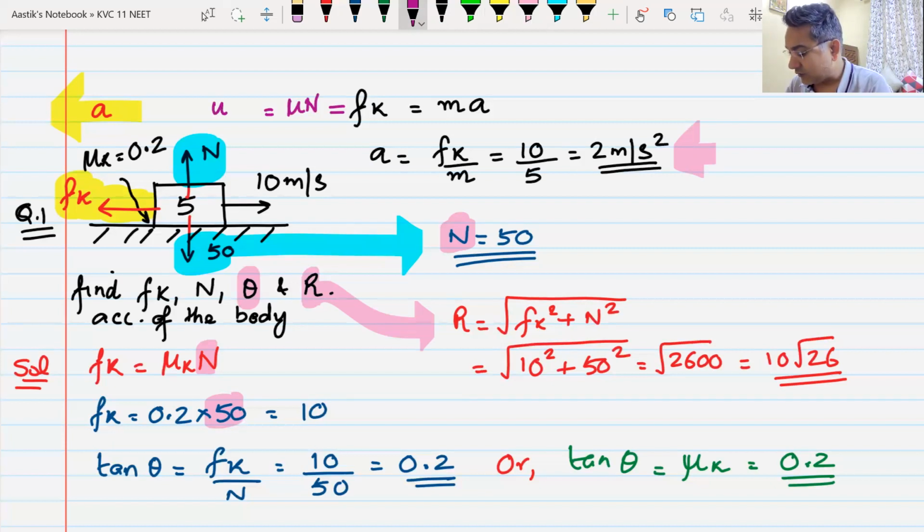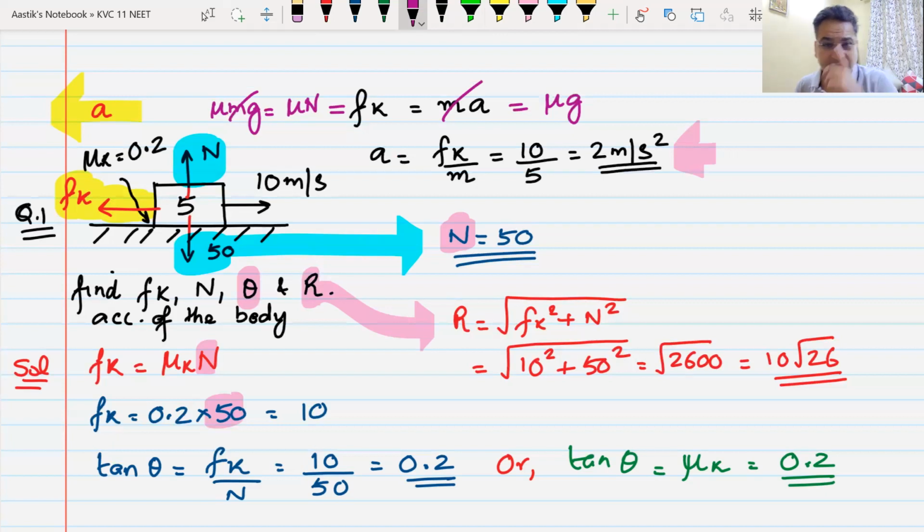So you can write this frictional force as mu times mg. So mu times mg is equal to ma. From there you can cancel the m and write this acceleration as mu times g. That becomes the shortcut formula for finding out the acceleration.